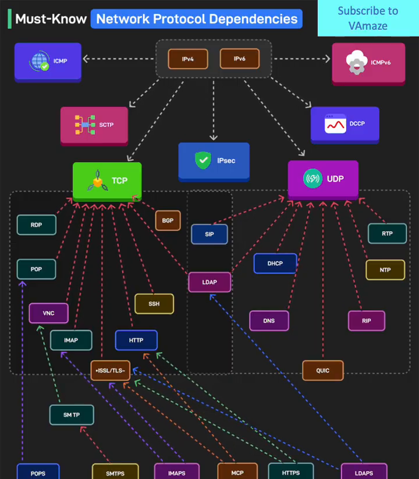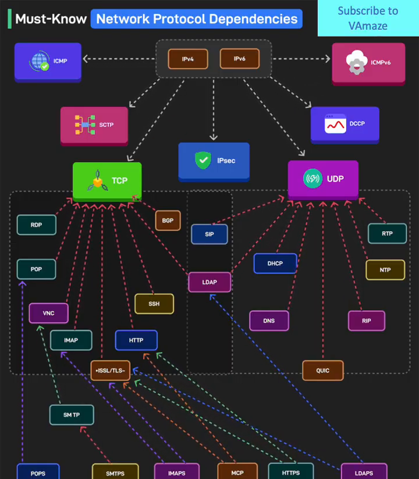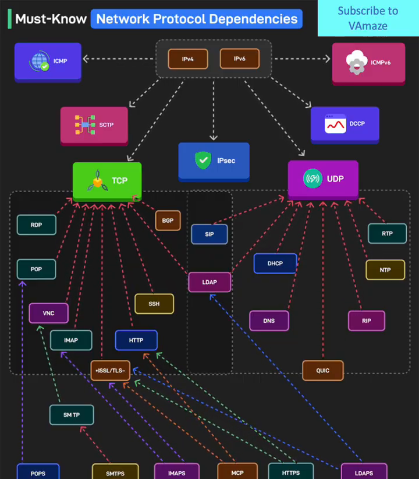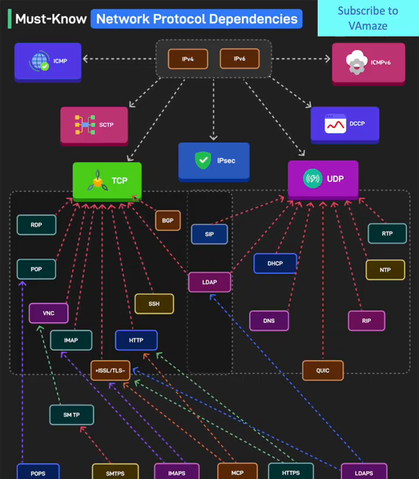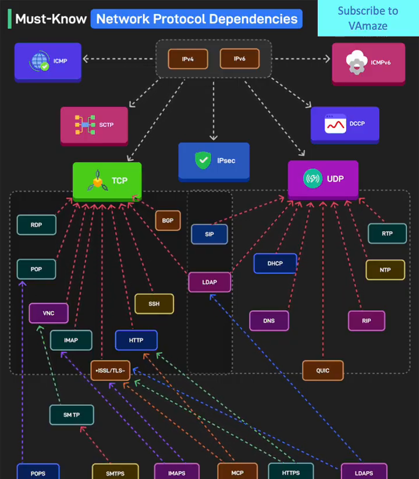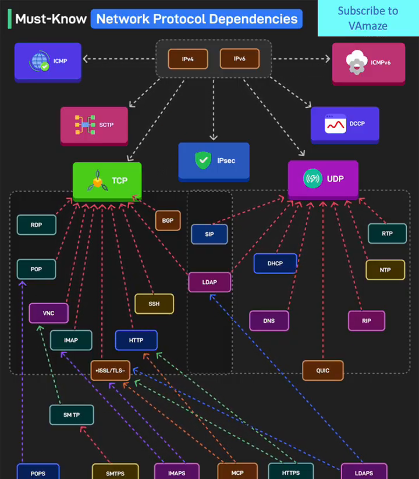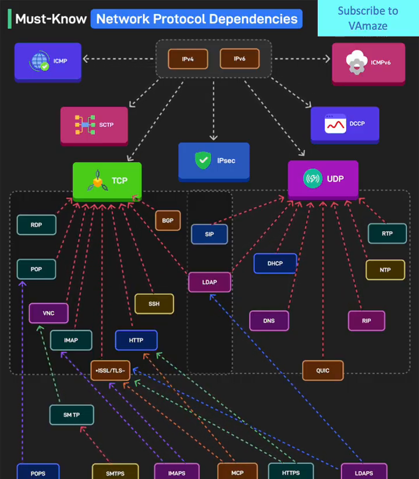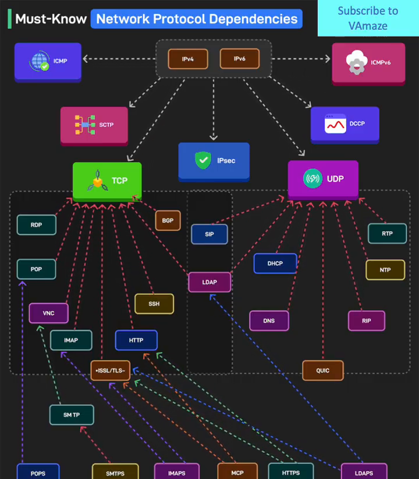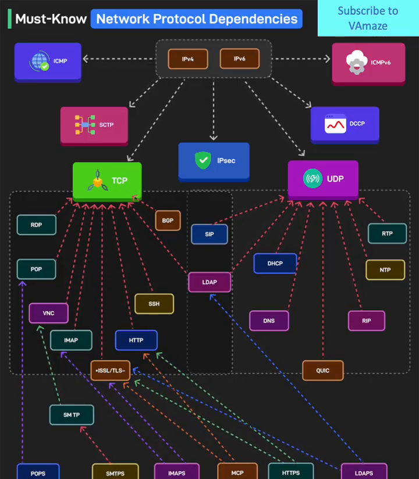UDP-based applications. UDP's low latency, connectionless nature makes it ideal for time-sensitive or broadcast-style applications, as shown in the right dashed box underneath UDP. DNS queries and responses, the Domain Name System, use UDP by default for quick lookups. DHCP, Dynamic Host Configuration Protocol, for assigning IP addresses, relies on UDP broadcasts.